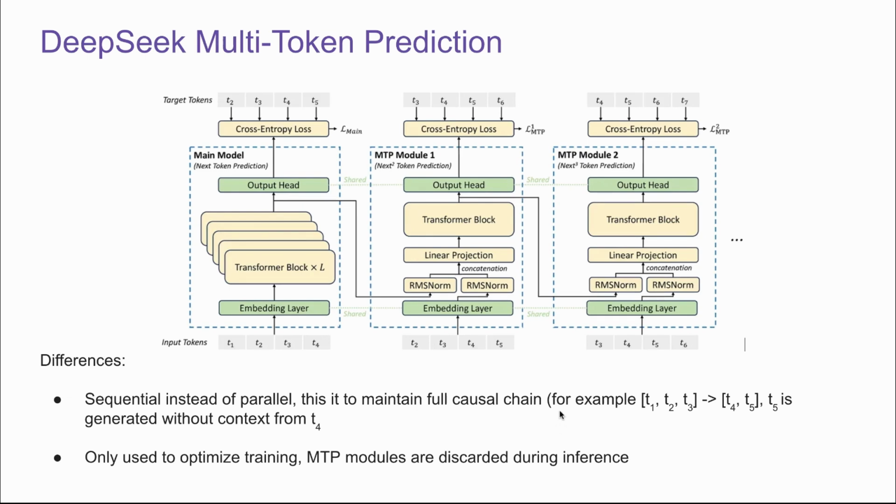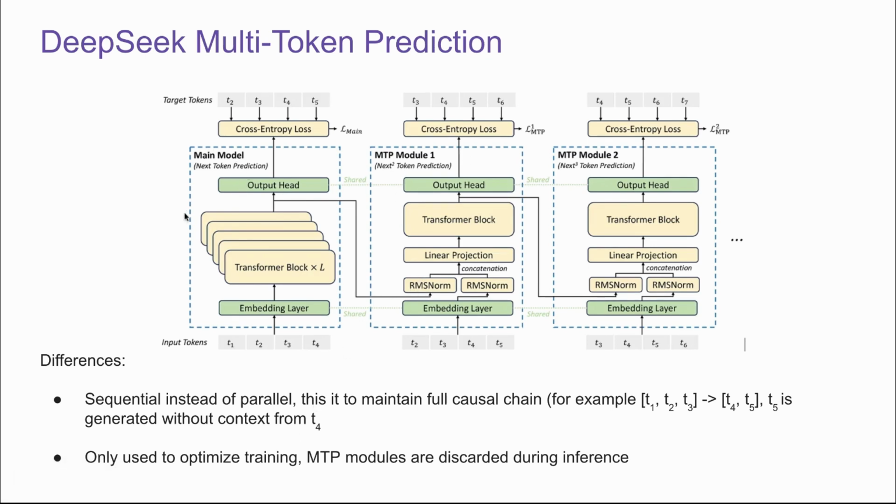And doing it in parallel is going to break this promise. For example, if we have T1, T2, T3, and it predicts T4 and T5 simultaneously, then T5 is generated without the context of T4. And as I said, they only use it to optimize training.